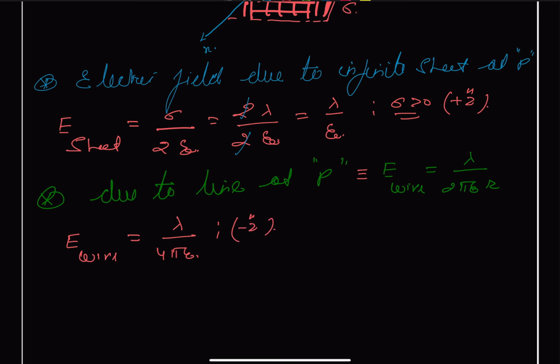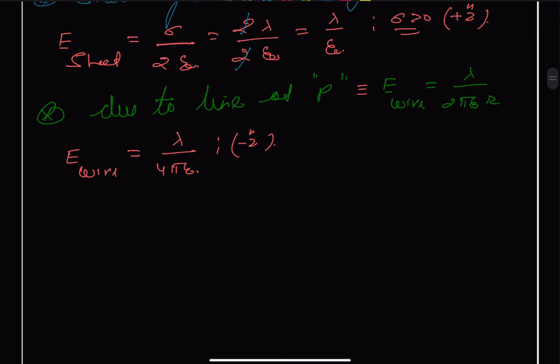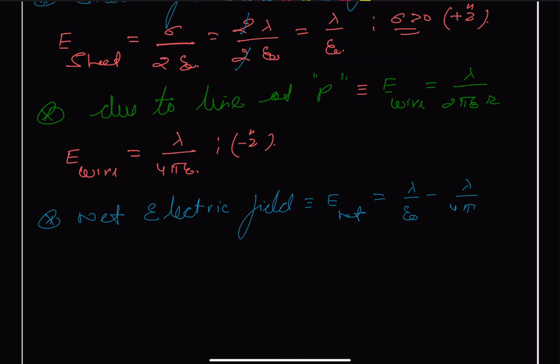So net electric field, that is E net, will be equal to, we get this as lambda upon epsilon naught minus lambda upon 4 pi epsilon naught z unit vector, and we can just take it common or we can just leave it.